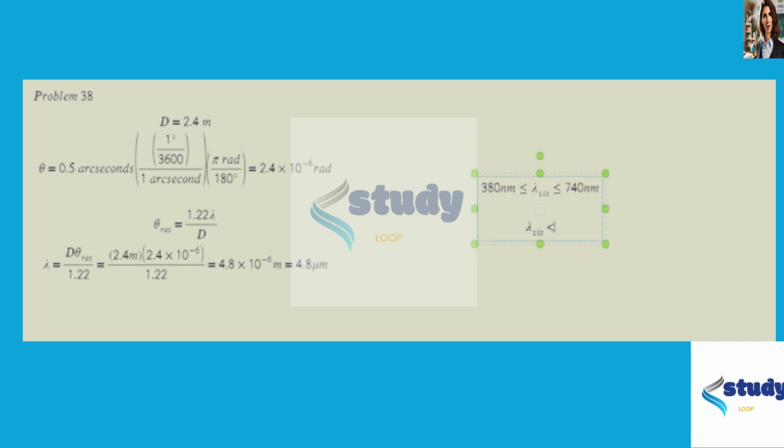So lambda vis is less than lambda. So can this telescope resolve that star system? Yes, because the wavelength associated with visible light is less than the wavelength needed to resolve that angular displacement.